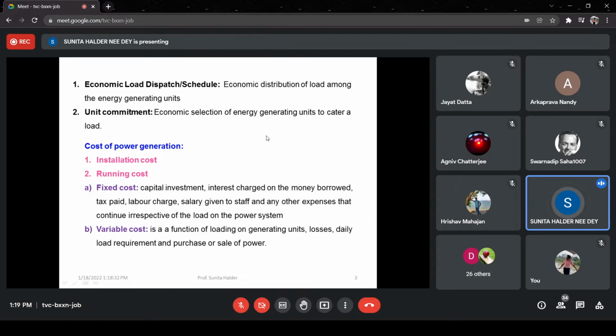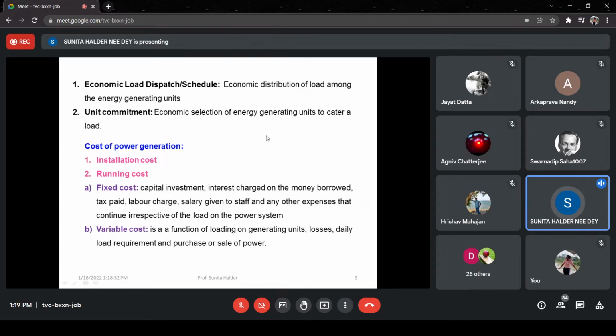Variable cost is the function of generation, which varies with the generation. So that is actually the fuel cost mainly, or maybe losses, because if there is more power generation, more power will be sent, so current will be more, so more losses will be there. And nobody will pay for the loss. So these are the costs.